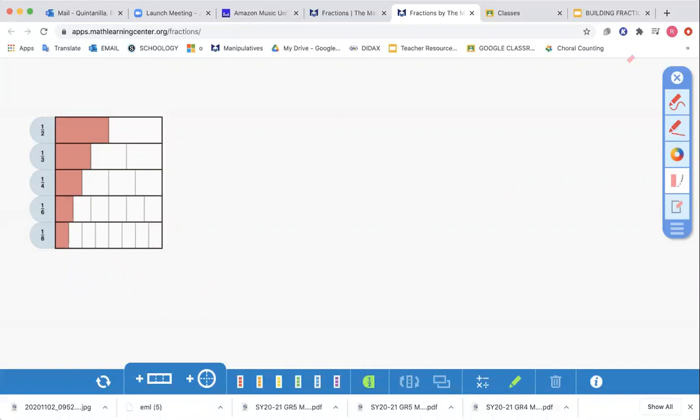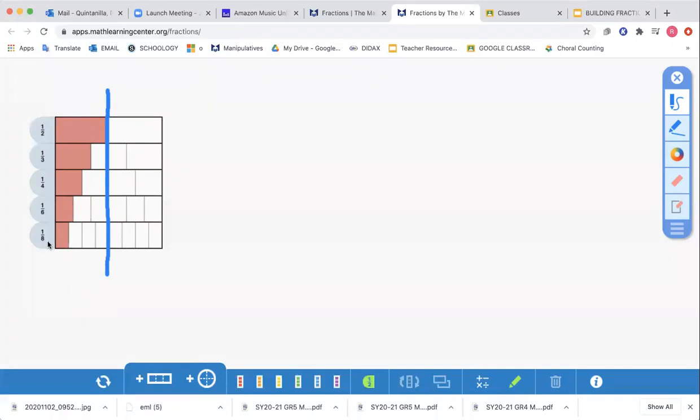I can see here that 1/2 is the largest fraction that I can ever have. And as my denominator gets larger, my piece will get smaller when dealing with unit fractions.